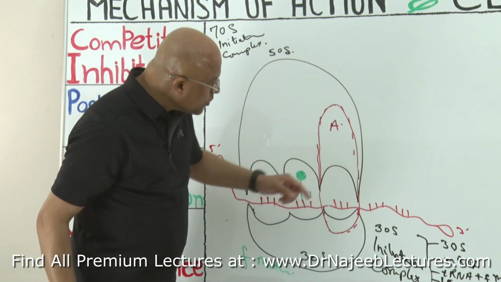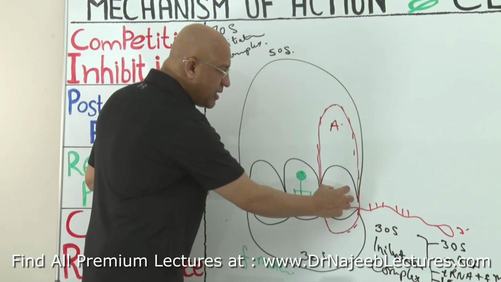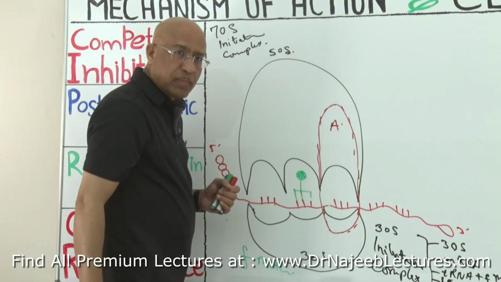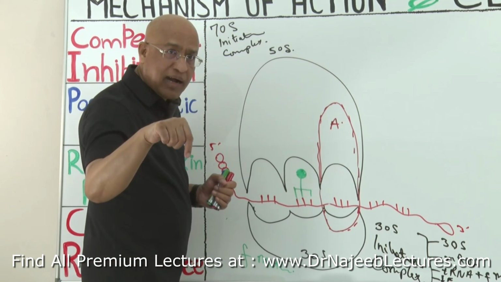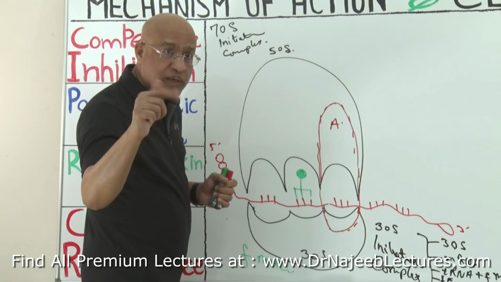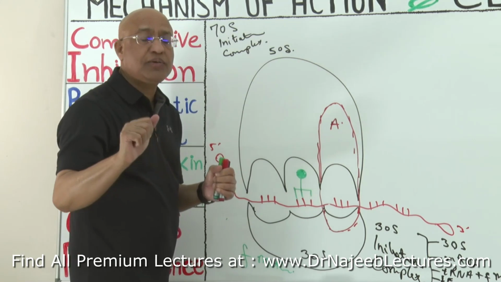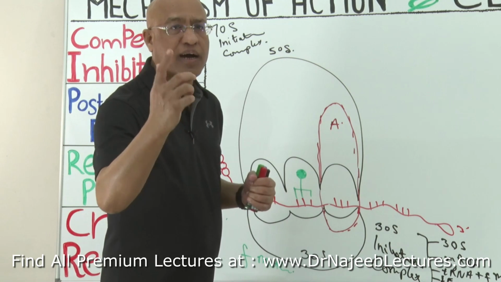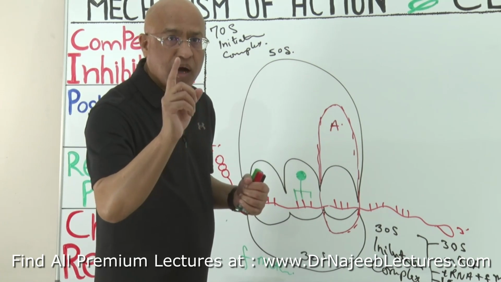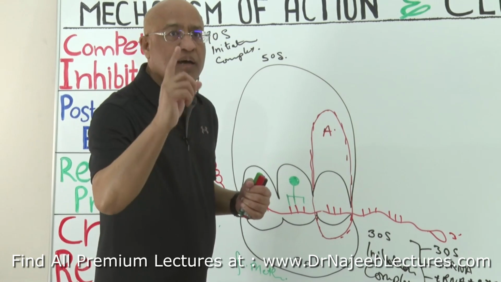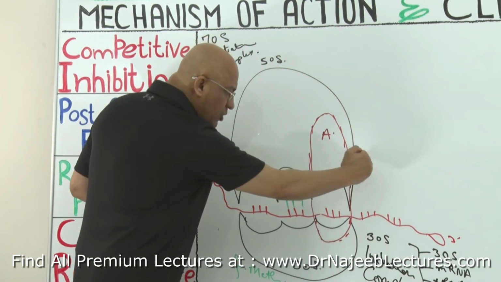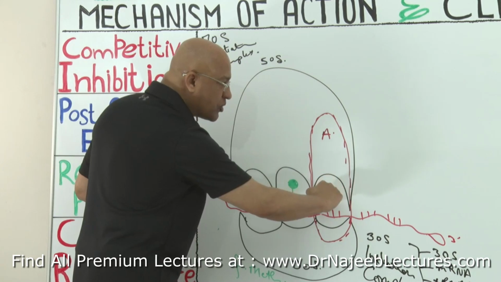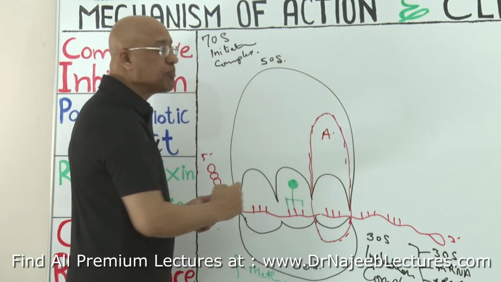It is going to accept a new transfer RNA which is loaded with an amino acid, usually called aminoacyl transfer RNA. Aminoacyl transfer RNA is supposed to come over here. This is their acceptor site.